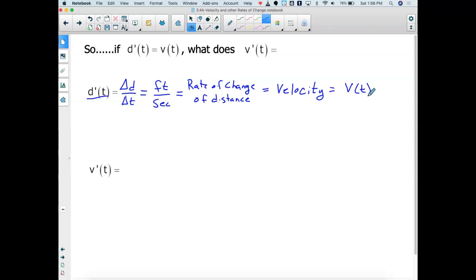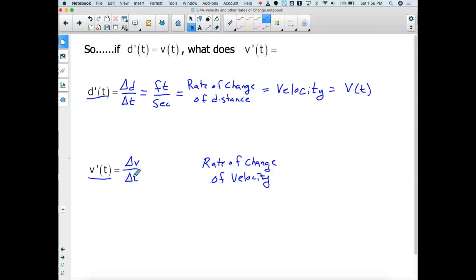Well, so what does that make v of t? Well, that means v prime of t, well, that is taking what? The rate of change of velocity. Okay, and if I think back, v prime of t, well, that's taking my change in velocity over my change in time.